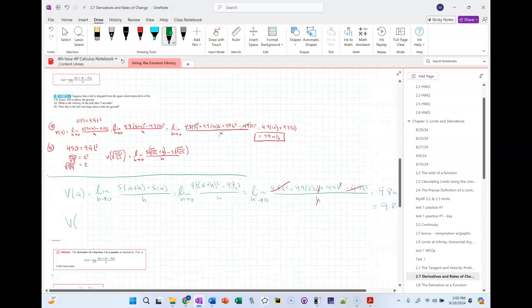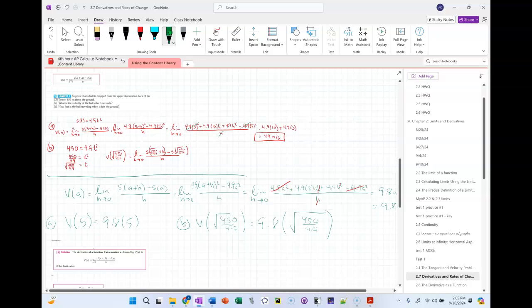So if I want v of 5, that's just going to be 9.8 times 5. If I want v of the square root of 450 over 4.9, that's just going to be 9.8 times the square root of 450 over 4.9.